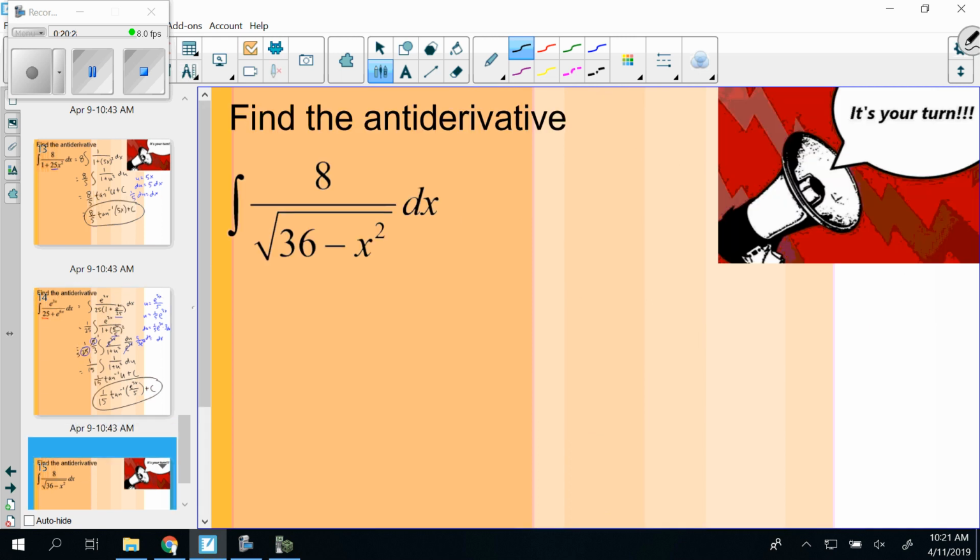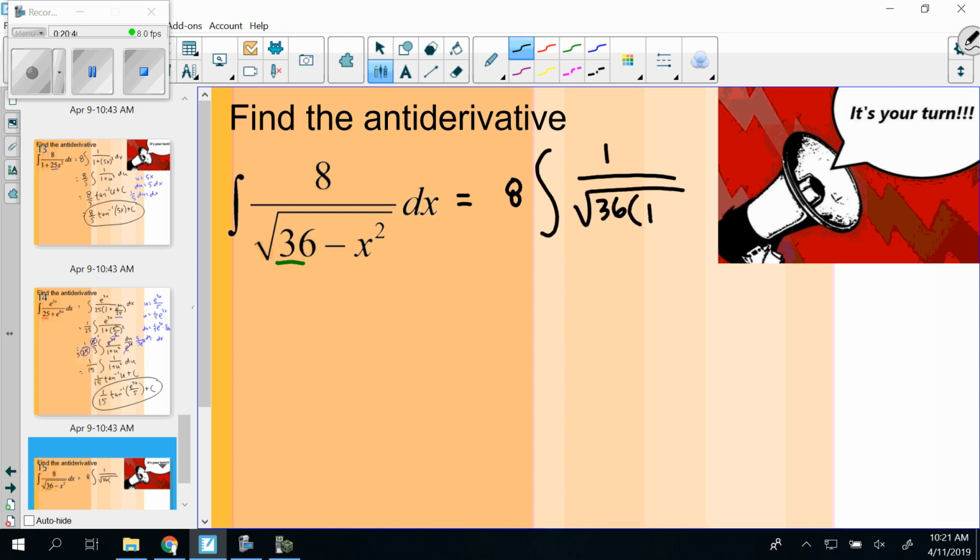Again, the goal to start with is to try to get this to be 1 and figure out what's being cubed. All right, let's see what you came up with. Again, I'm going to pull this 8 out. That's just a constant. We're going to have to divide here by, or factor out, a 36.